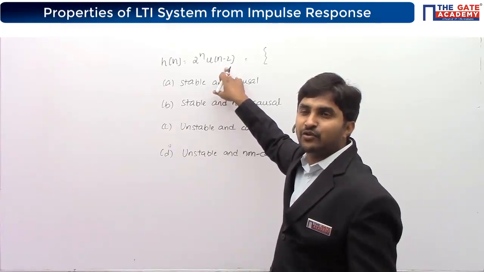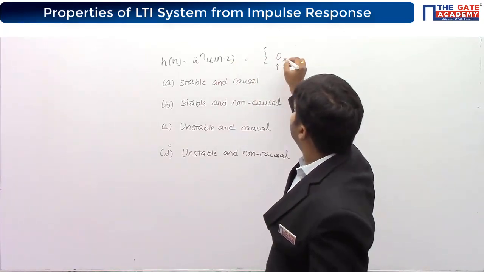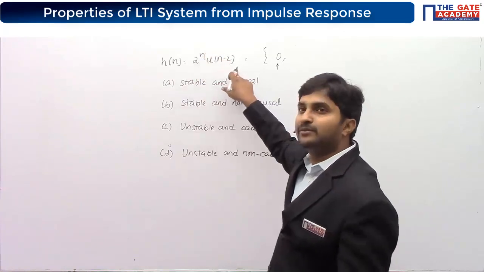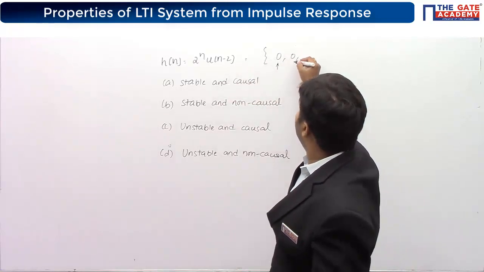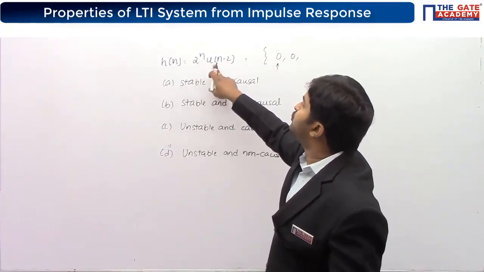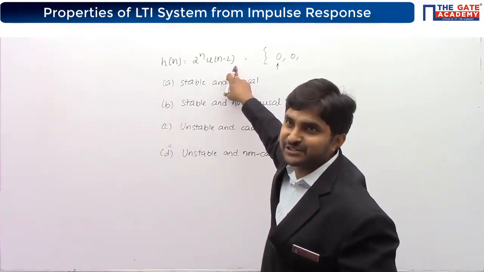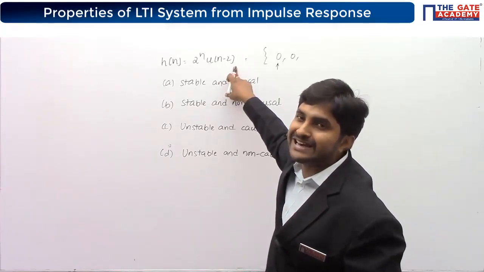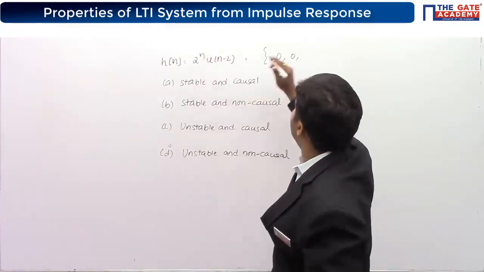What is the value of u of minus 2? 0. n equal to 1, it's 2 power 1 into u of minus 1, again 0. n equal to 2, 2 power 2 into u of 0. What is u of 0? Remember, it's a discrete time signal, so u of n is equal to 1 for n greater than or equal to 0. So u of 0 is 1, and 2 power 2 is 4.